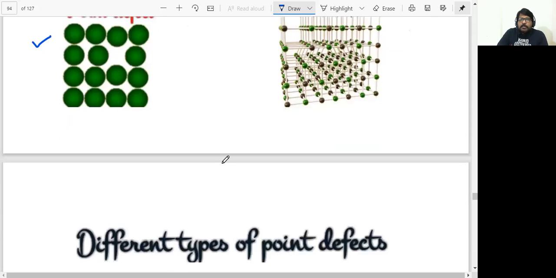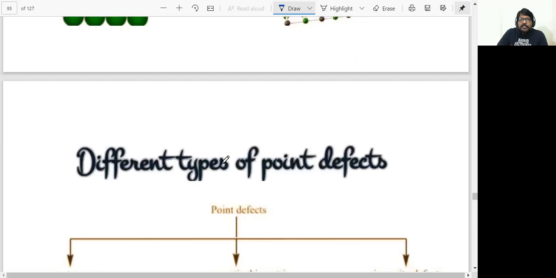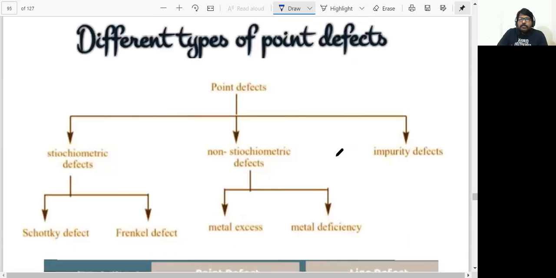So these point defects are further classified into three types. They are stoichiometric defects. Stoichiometric defect means due to this particular defect, the stoichiometry of the solid is not affected; the formula of the compound is not affected.